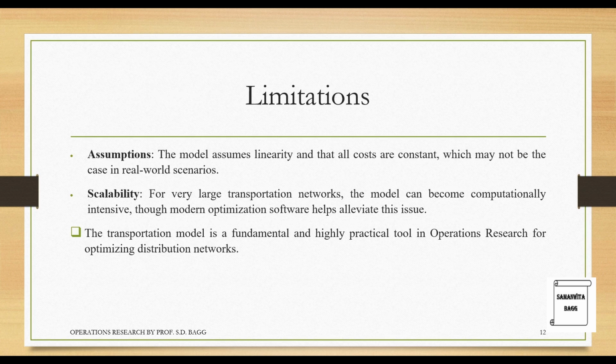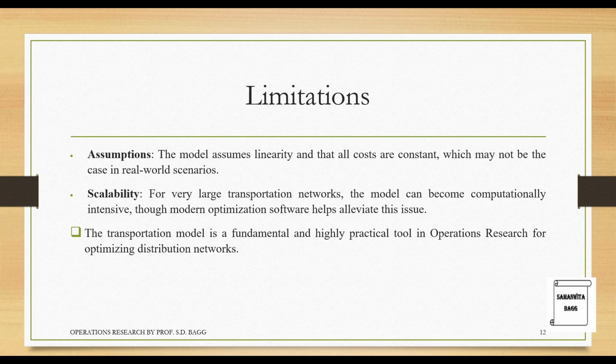Limitations. Assumptions: the model assumes linearity and that all costs are constant, which may not be the case in real-world scenarios. Scalability: for very large transportation networks, the model can become computationally intensive, though modern optimization software helps alleviate this issue.